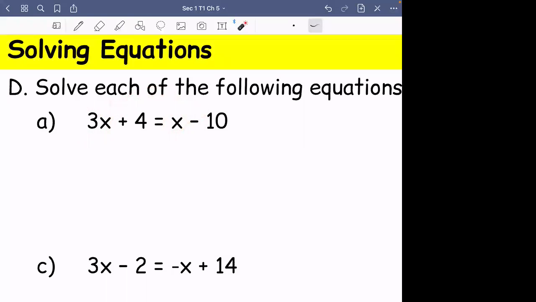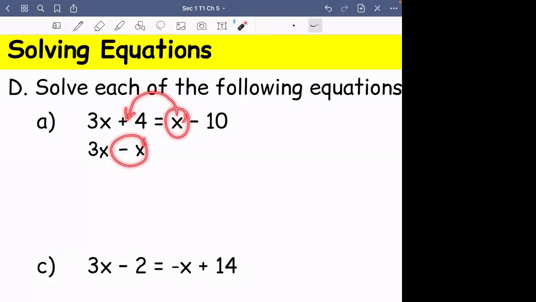So I'll bring down 3x. I'll transpose x to the left side, so all variables are on one side. In this case, I'll put x on the left side, so it becomes minus x, because when you transpose, positive becomes minus.